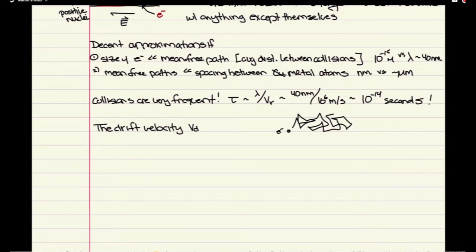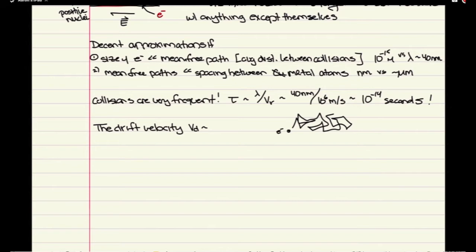So at any individual moment, the electric field is not able to considerably ramp up the velocity of the electron. The electric field doesn't have much time to do that, but it does have enough time to impose a very slight nudge in the overall velocity of the electron.